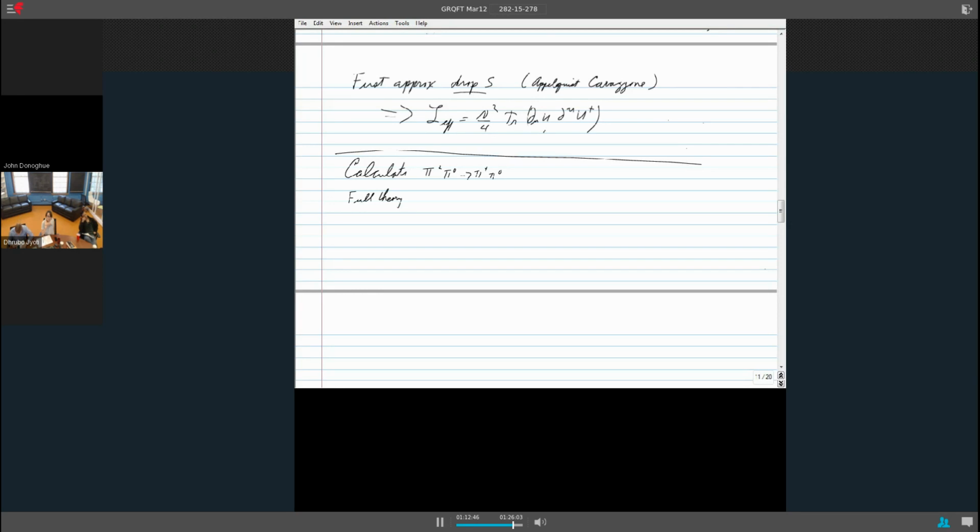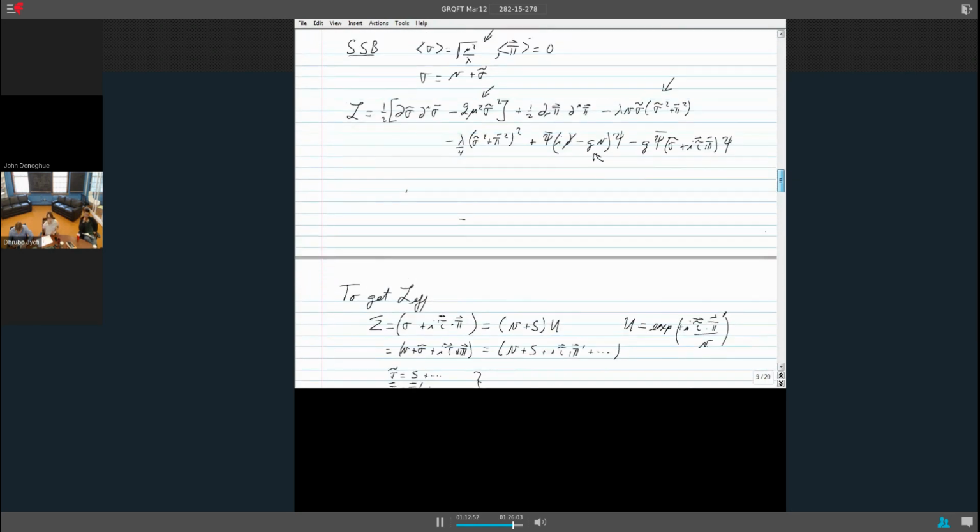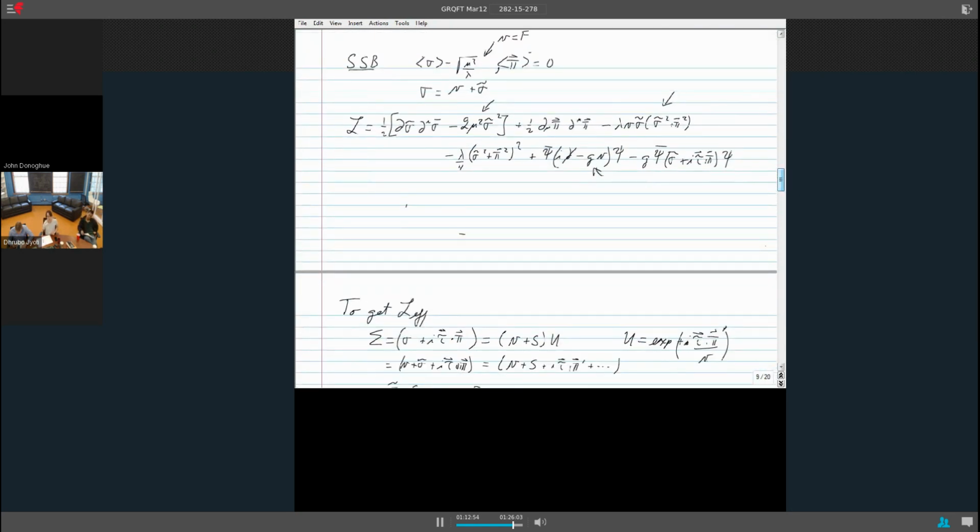This gives me L effective is v squared over 4 trace d mu u dagger. So there we've constructed the first term in the effective Lagrangian, and the more interesting part of the work is getting the rest.